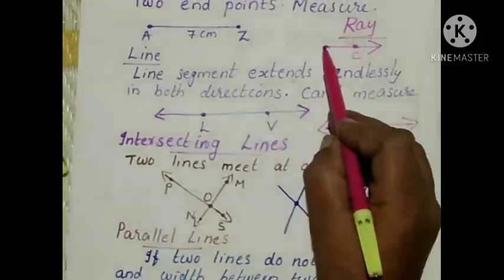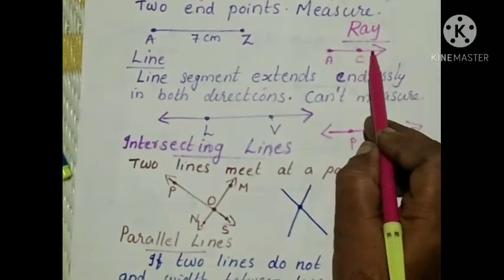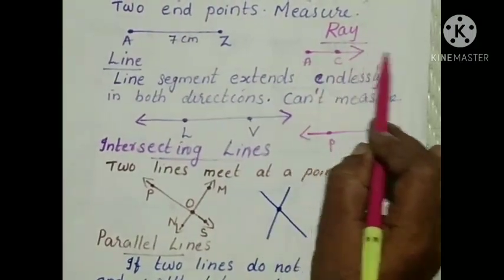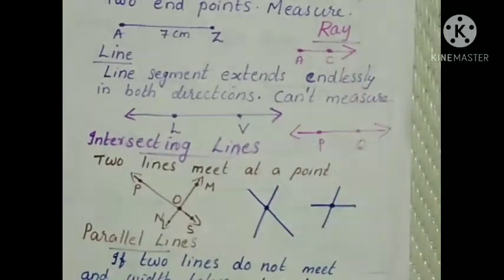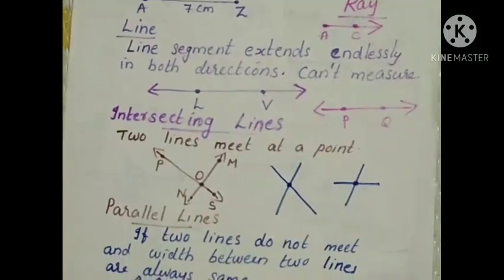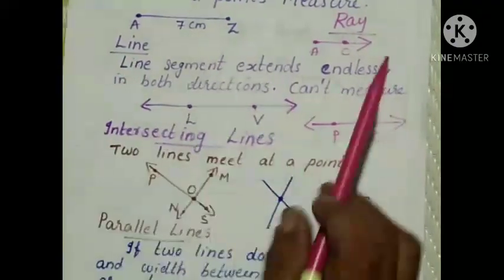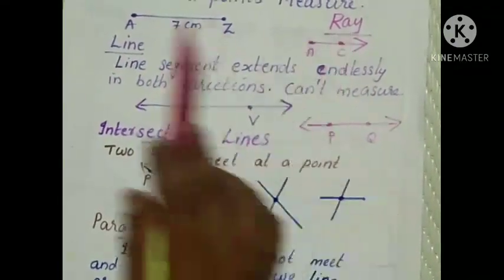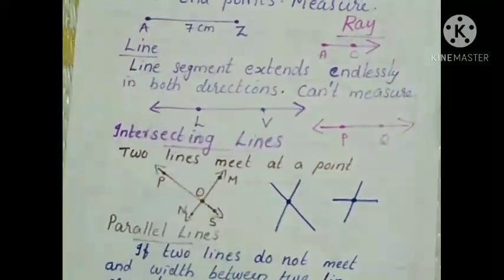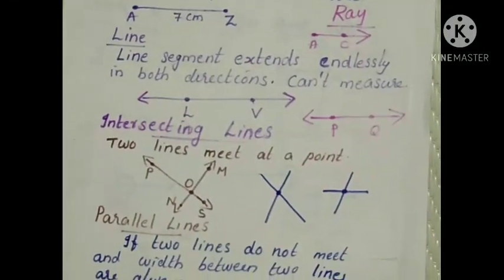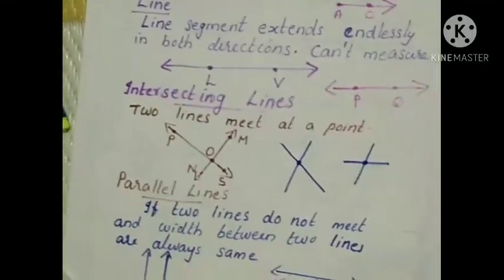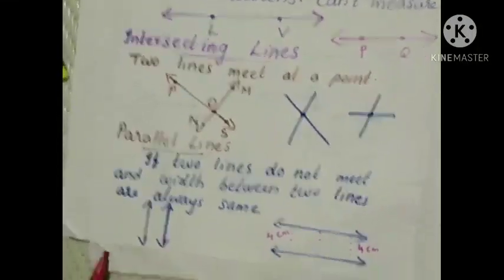No. It has a starting point, but it only shows the direction. This way it is going. Therefore, we don't know the end point. Therefore, we can't measure a ray. We can't measure a line. We can't measure a ray. Only we can measure a line segment. These whole things we studied last year.